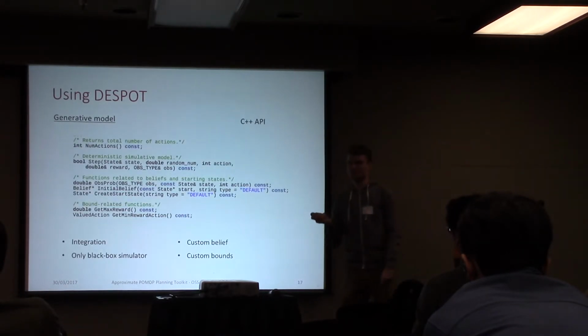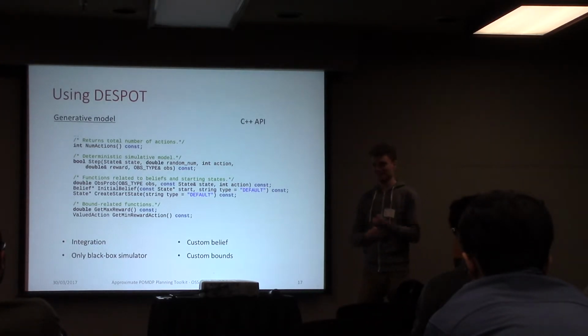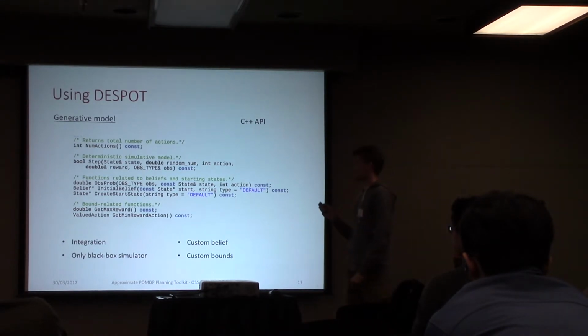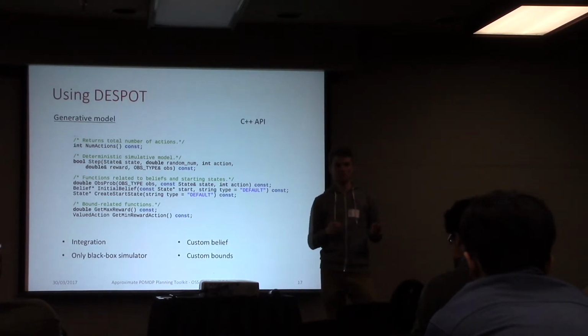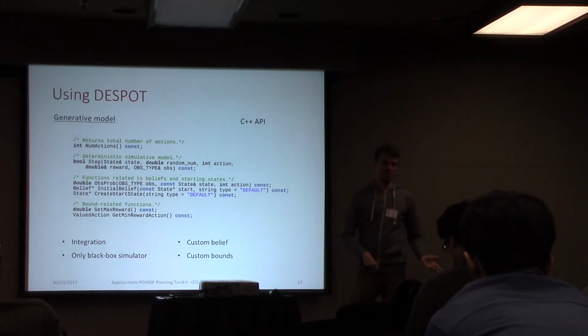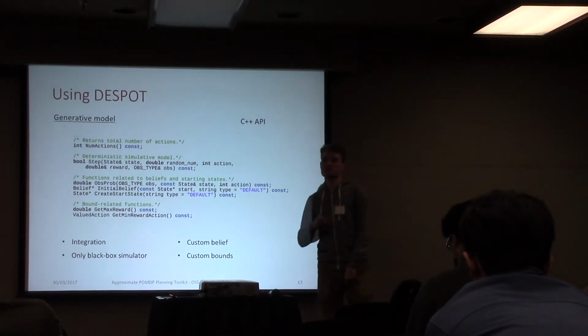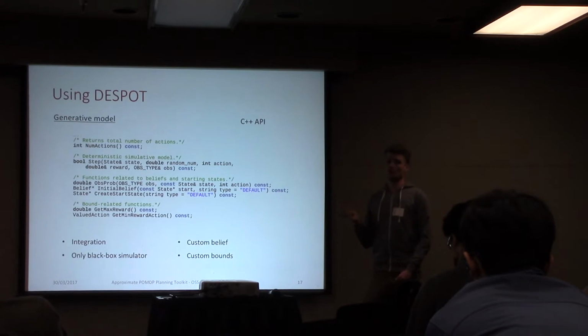Then you also have a generative model, which I'm using the same way as you did earlier. So what I mean is that you have a C++ API, and you just have to implement some of these functions that basically sample from the transition model or observation model. So these are all the functions that you have to implement. So this C++ model has several advantages.